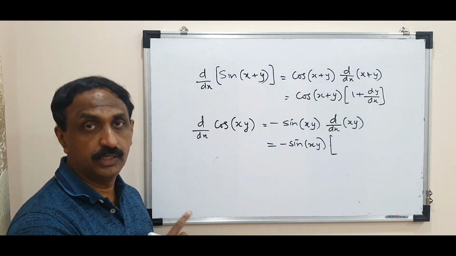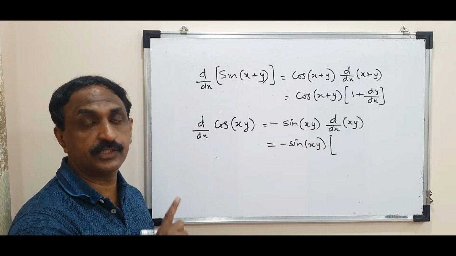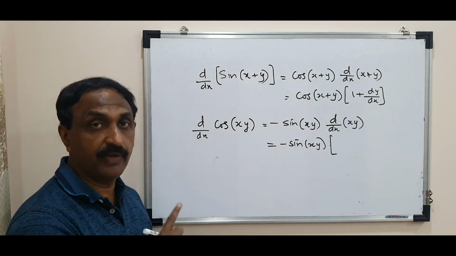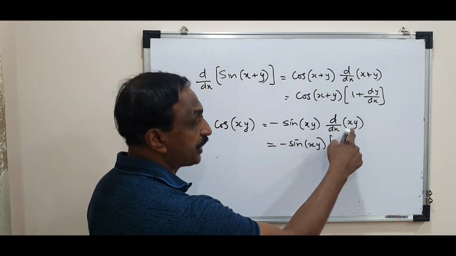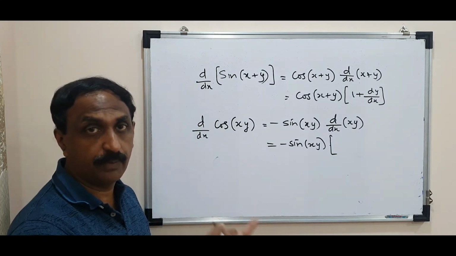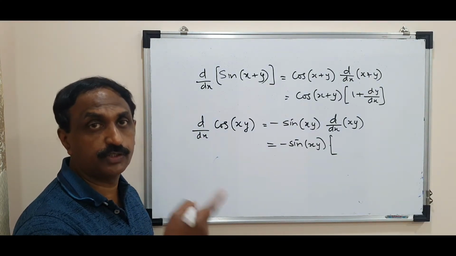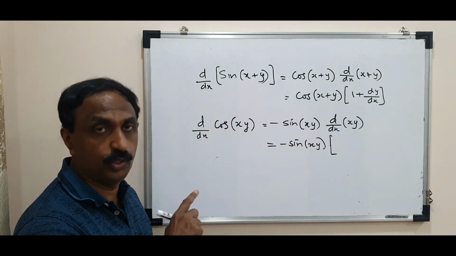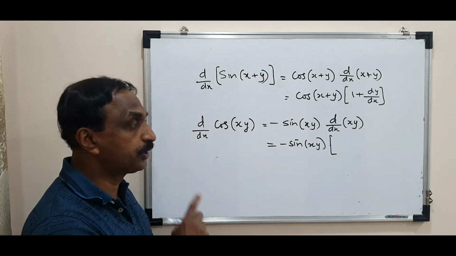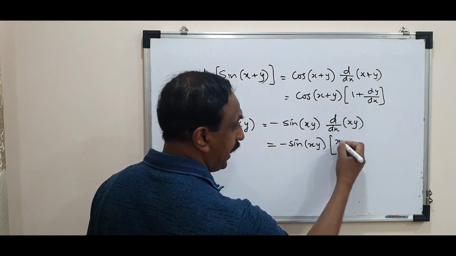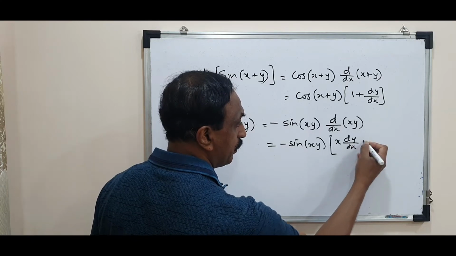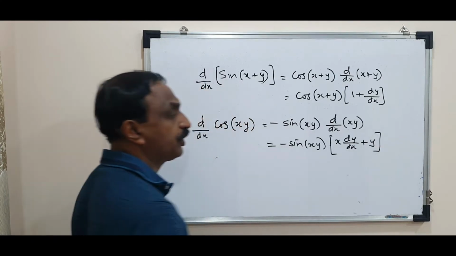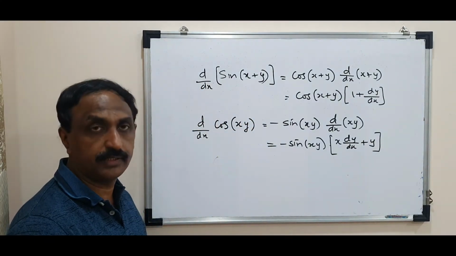Majority of the students do not put the bracket and the whole answer becomes something else. So you have to be very careful. Whenever you are differentiating an angle, if the derivative of the angle part involves a product rule, division rule, multiplication, addition or subtraction, you need to put the bracket. Product rule: x into derivative of y plus y into derivative of x. Derivative of x is 1, so you need not write it.